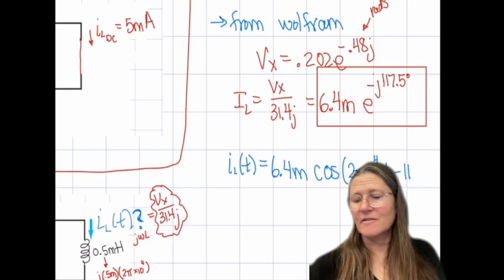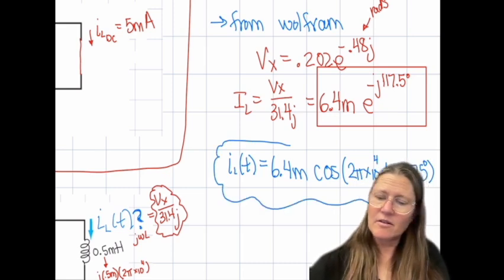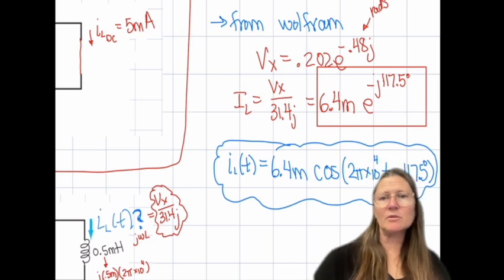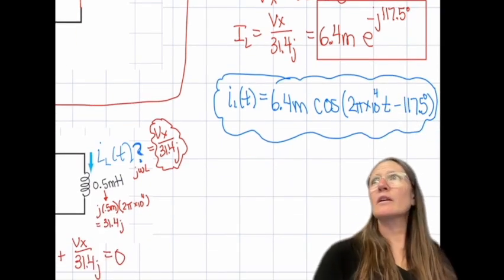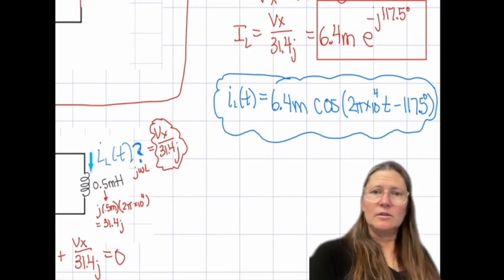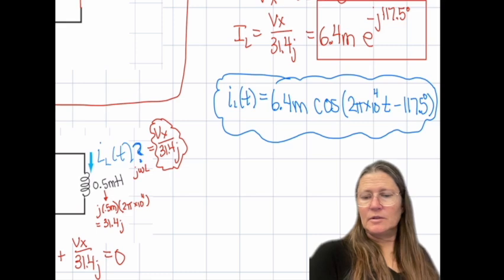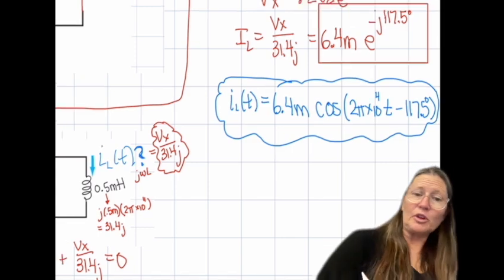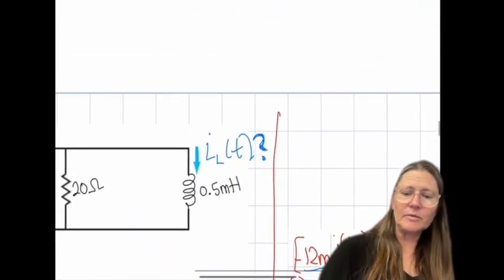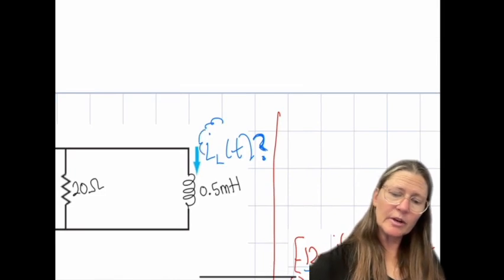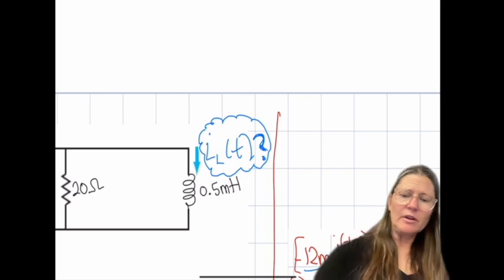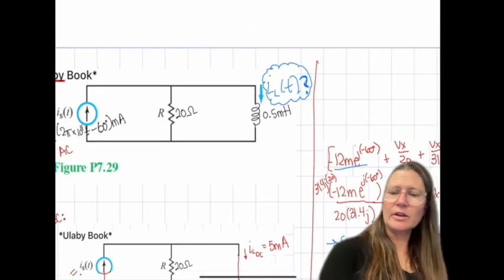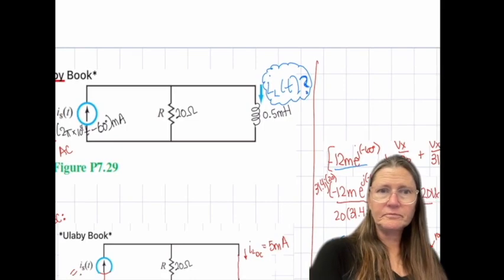Minus 117.5. Correct. And there's my time domain expression. Yes, question? Yep, so this is the current going through that inductor over time. So it's this right here. This now describes the current going through the inductor over time.